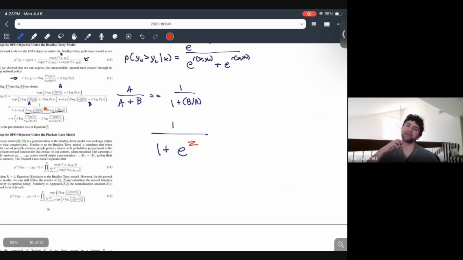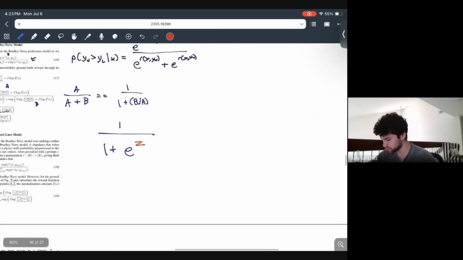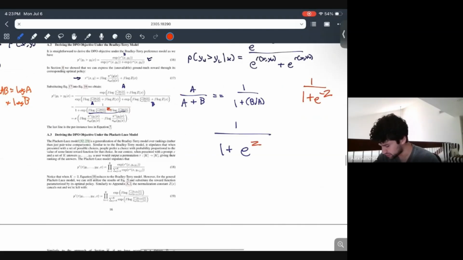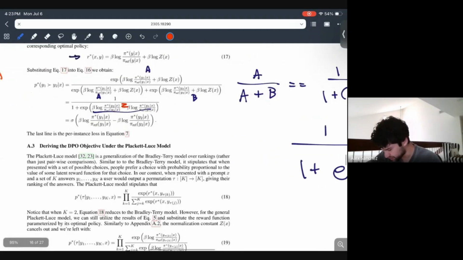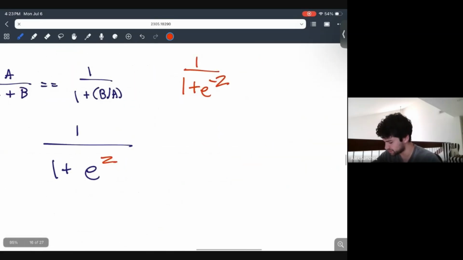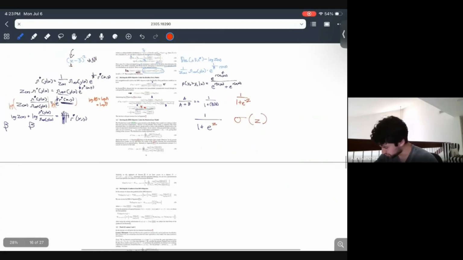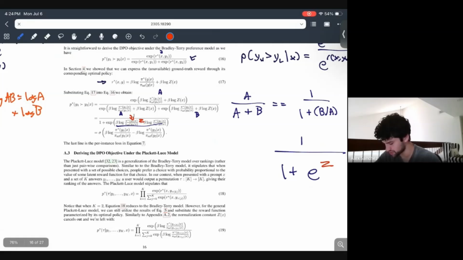What does this kind of remind you of? This is the same thing as a sigmoid function in a way, right? 1 over 1 plus e to the negative z. So you notice here the negative is at the front. We just negate this. And so what we end up getting is just the sigmoid function of negative z in this case, because I put everything inside the parentheses as z.